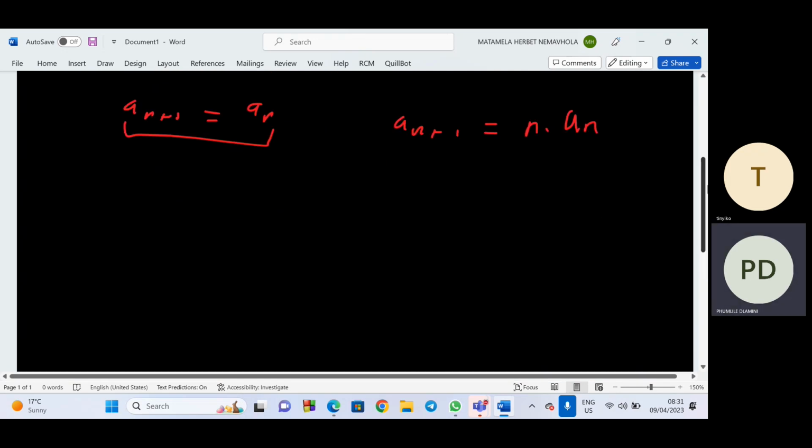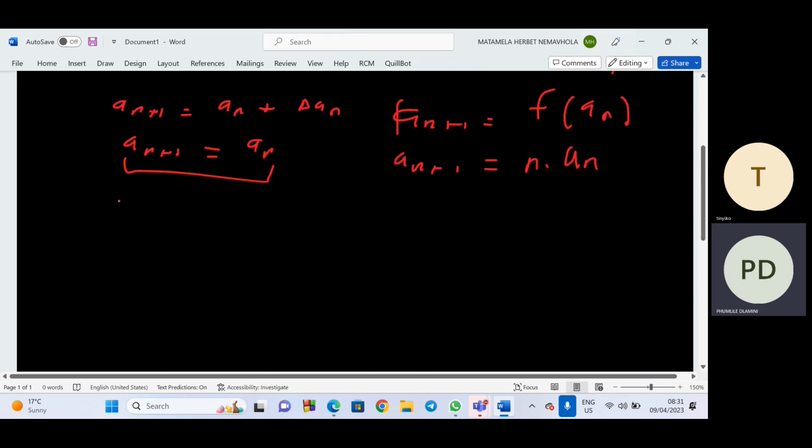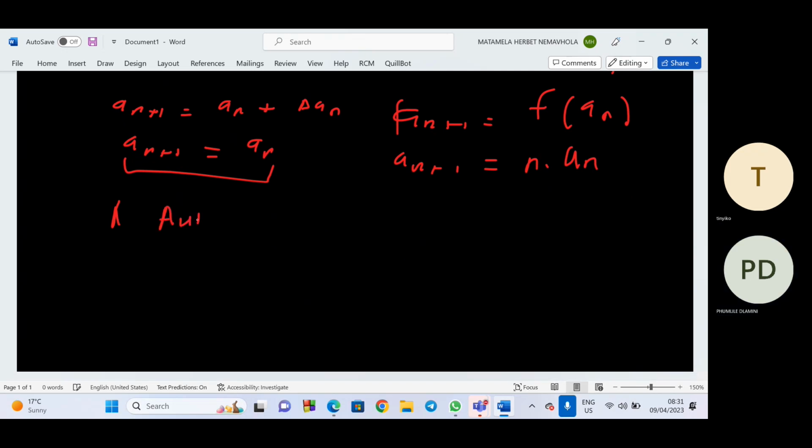So we have something called autonomous. An equation can be autonomous or not autonomous. What is an autonomous equation?